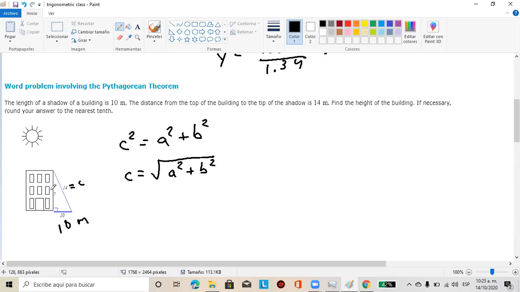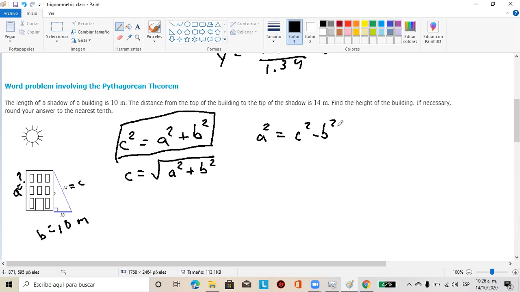We need to find the height. So let's call the height A. A we don't know, and we have the base here, 10 meters, let's call this B. So here we need to find A, and we have this formula with the Pythagorean theorem. So we can just simplify, A squared is equal to C squared minus B squared.